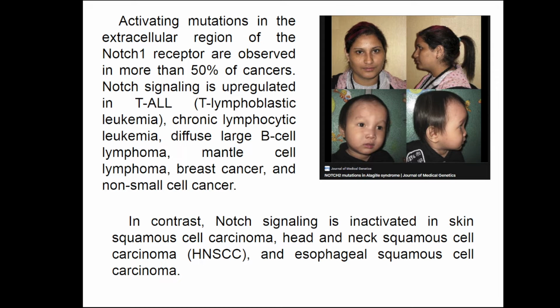More often it is T lymphoblastic leukemia, chronic lymphocytic leukemia, diffuse large B-cell lymphoma, mantle cell lymphoma, breast cancer, and non-small cell cancer. It means some signal pathways maybe have a special tissue effect.